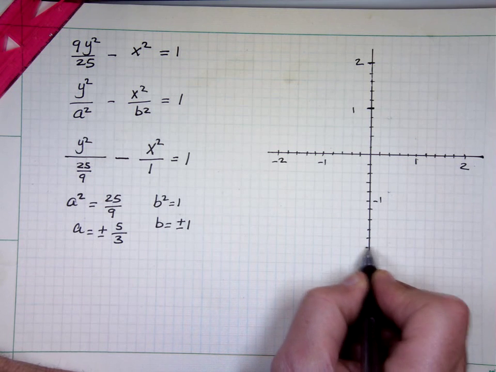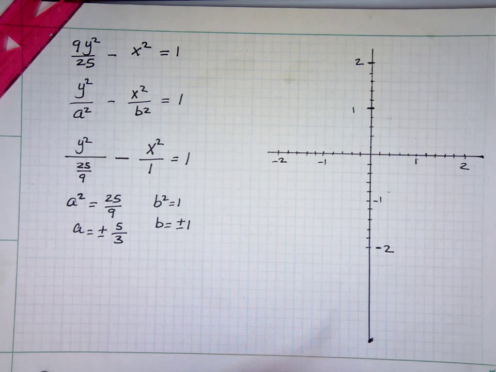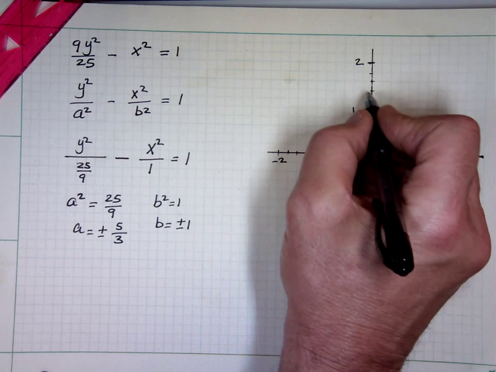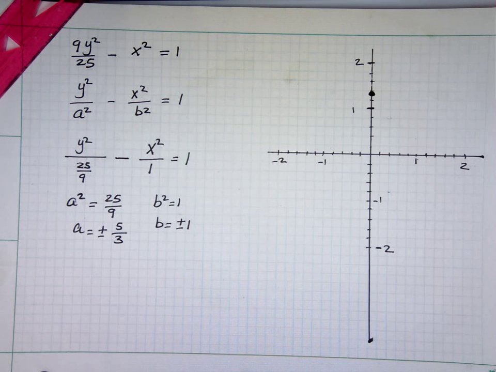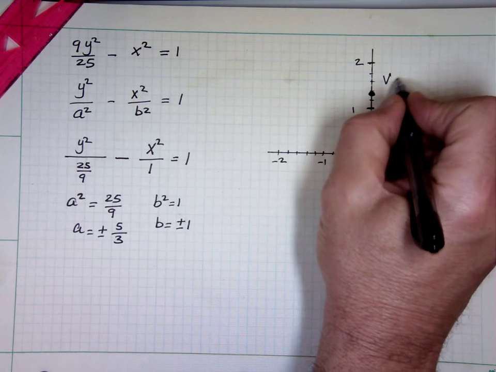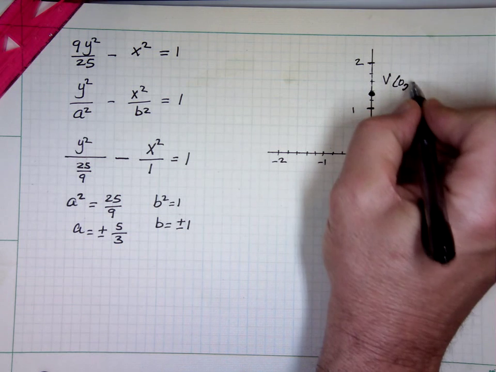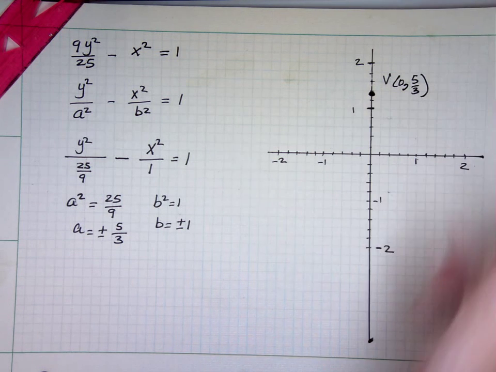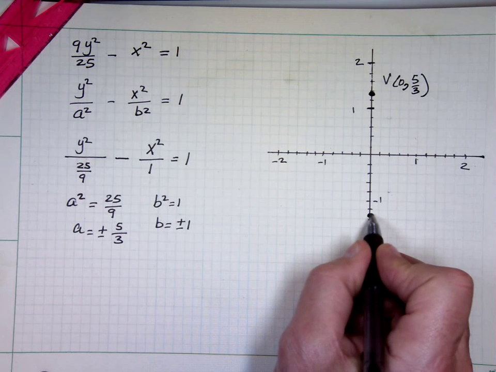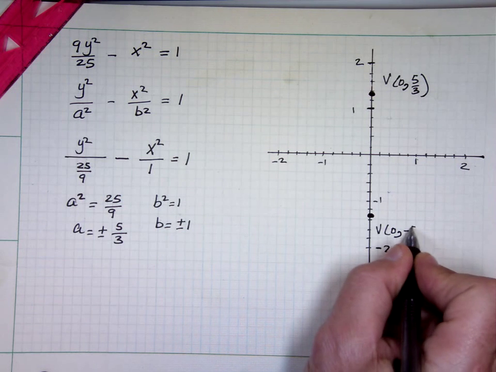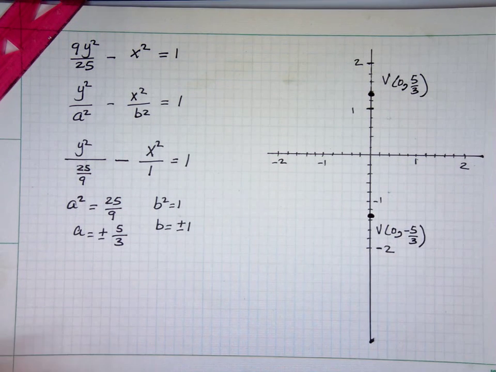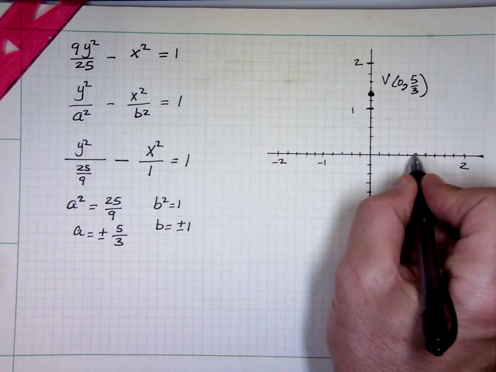Try and make it big so you get to see it. A is 5 over 3, 1 and 2/3. So 1 somewhere here. That's your vertex, at 0, comma 5 over 3. And the other one right here, 0, comma negative 5 over 3. B at 1, that's here and here.